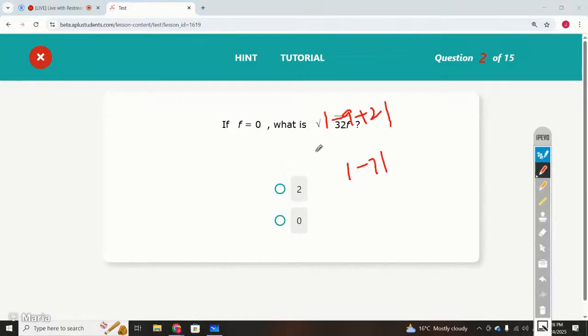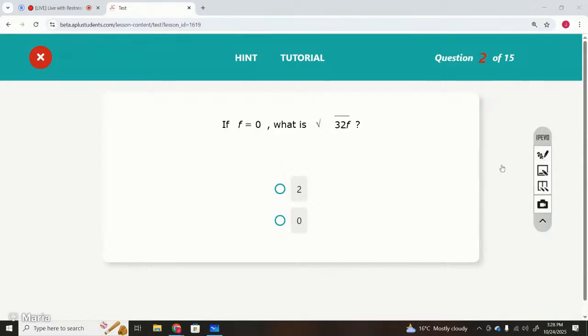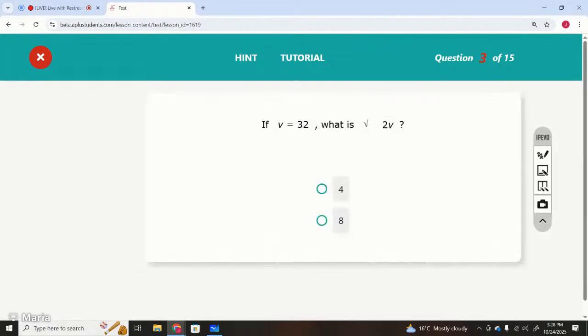If f equals 0, what is the square root of 32f? 32 times 0. Any number times 0 is 0, so the square root of 0 is 0. Option number 2 is the correct option, 0 it is.